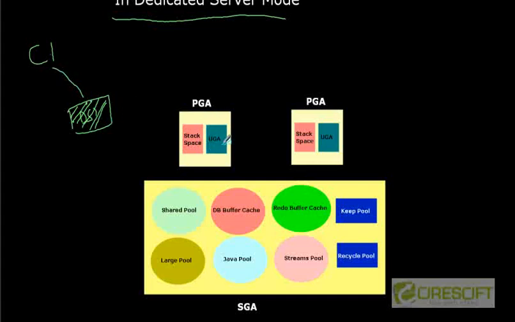So essentially, UGA is a part of your PGA in case of dedicated server mode. Then here is another client C2, which has a dedicated server DS2, and we are showing the PGA for that DS2 process. And SGA is going to contain all these different things. We are going to explain in detail in the next couple of videos the shared pool, DB buffer cache, and so on.